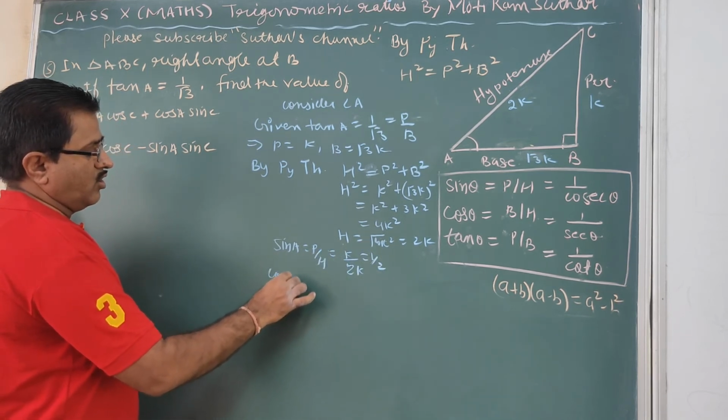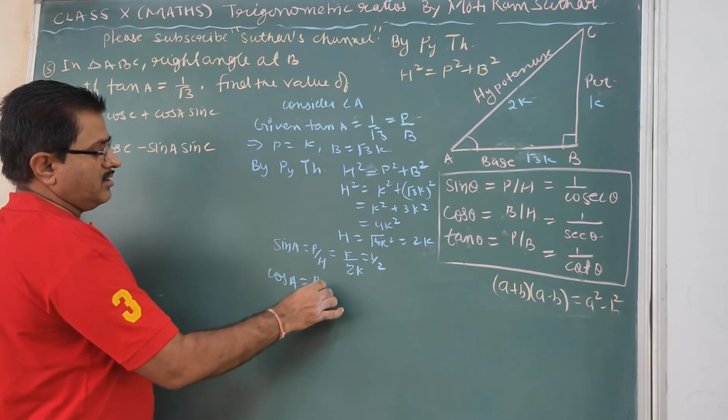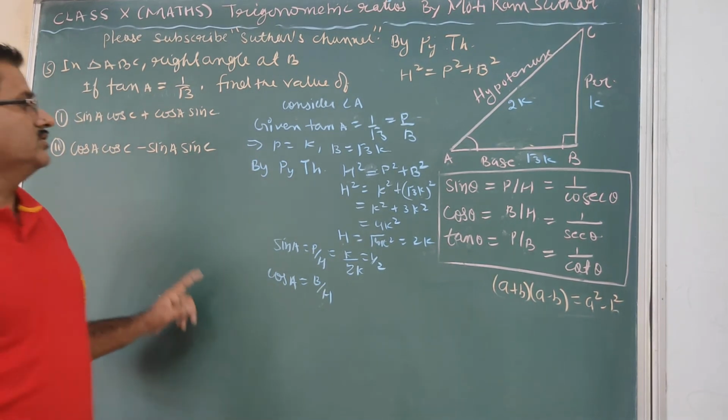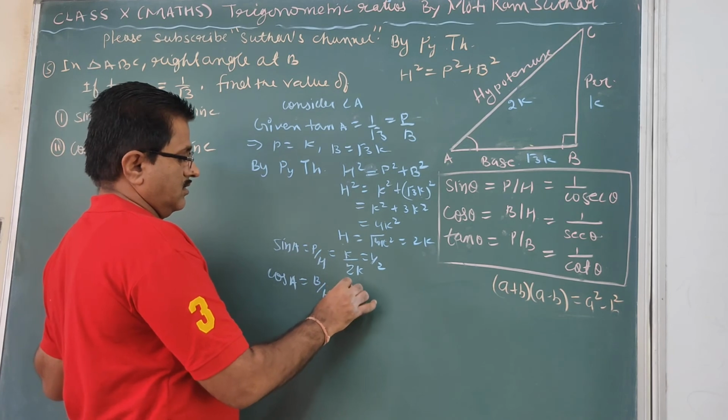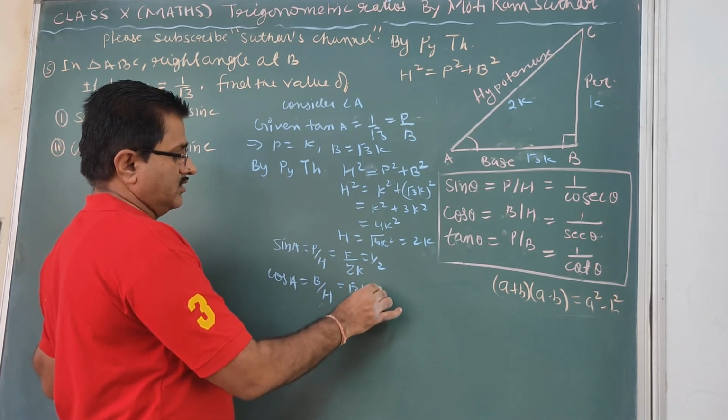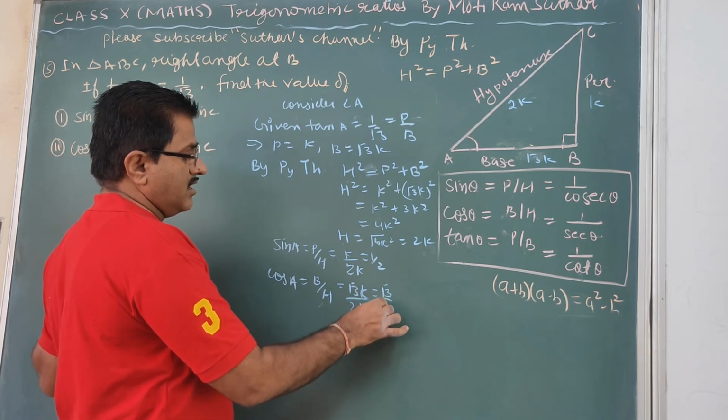And you find cos A, base upon hypotenuse. Cos A is also base upon hypotenuse. Here base is root 3k and hypotenuse is 2k, so root 3 by 2.